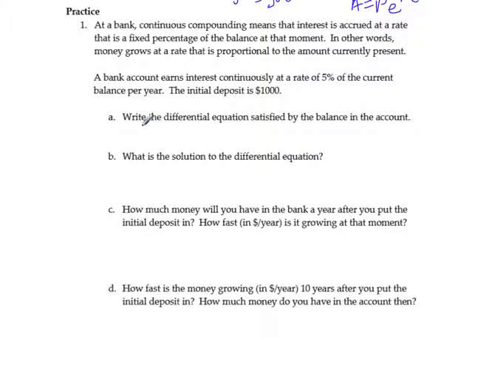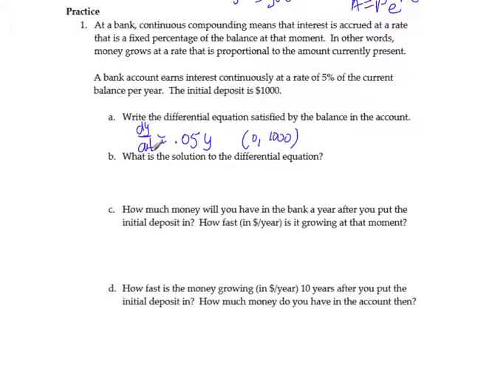So the differential equation that satisfies the balance, well, let's see, it's always growing 5% of the amount that's present. So what am I going to write down? dy/dt, it's growing, right? Always 5% of the amount that's currently there, right? And then my initial condition is that at time equals 0, I have $1,000 in there.